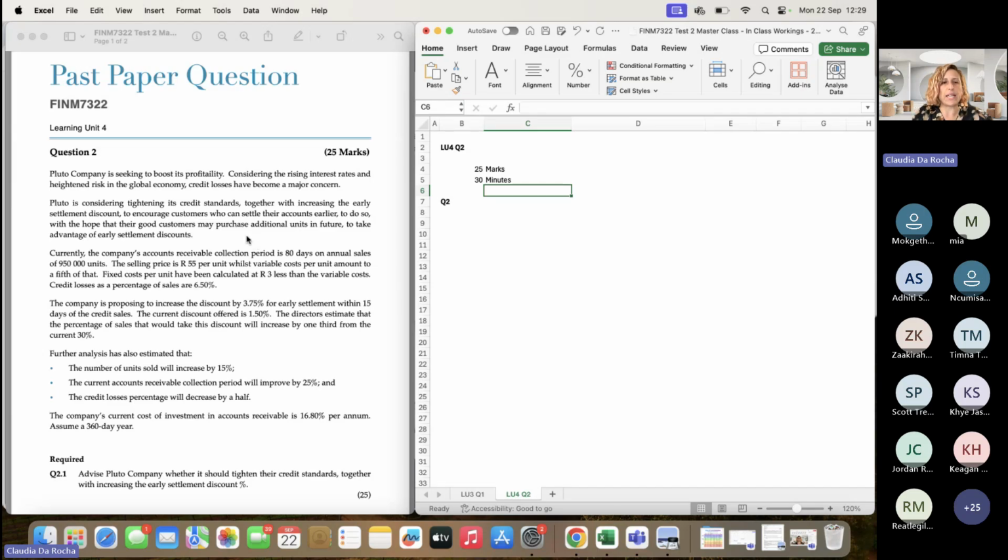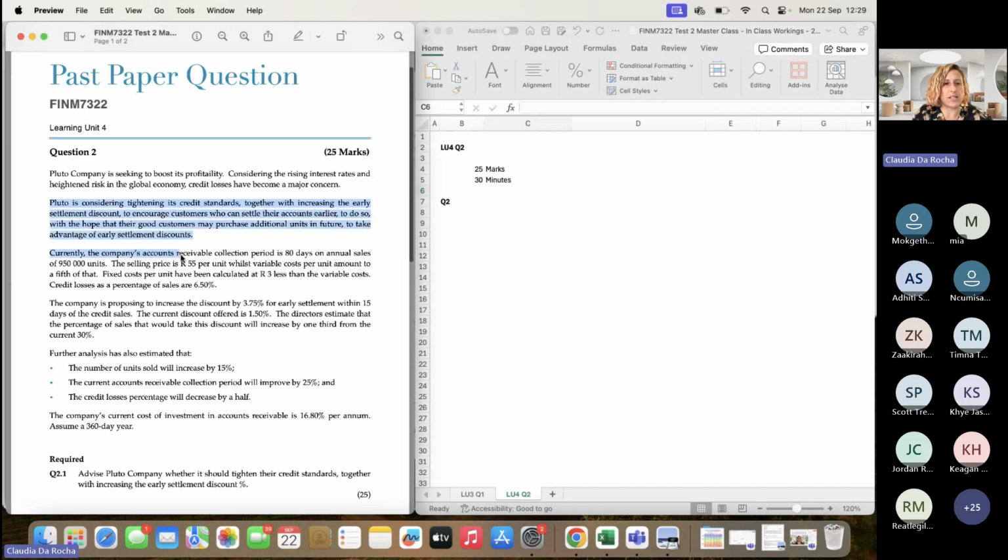Right. So in essence, this information has a bit of current, but also what the proposed policy will be. This information here is for our marginal cost of investment in accounts receivable, because we always use what the cost of investment is. And then we have our 360 days, which is also part of the investment in accounts receivable.